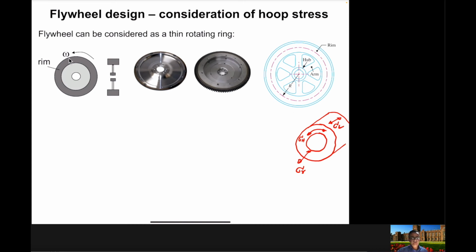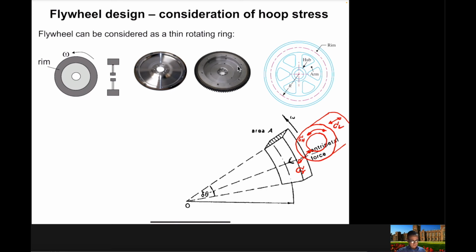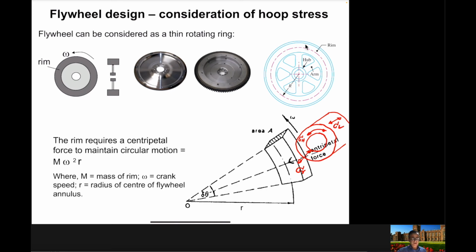As you can see in these figures here, this is how the flywheel looks in practical applications. The flywheel you can consider as a thin rotating ring, and all the mass of the flywheel is located in this section here, which is what we call the rim of the flywheel.